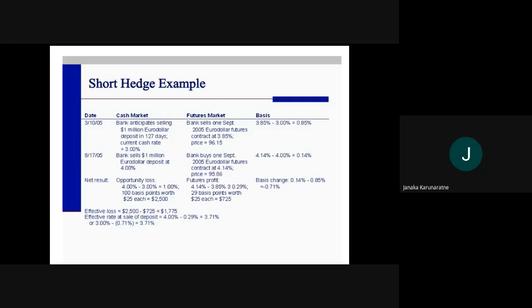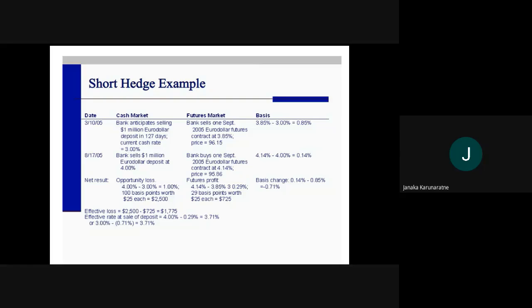Loss in the sense of increased cost to you. $2,500, because the interest rate went up by 1%. As a result, to raise 1 million US dollars with one contract, you have to pay an additional interest cost of 2,500. So if you raise 10 million, then you have to pay 10 of such 2,500, that is 25,000.